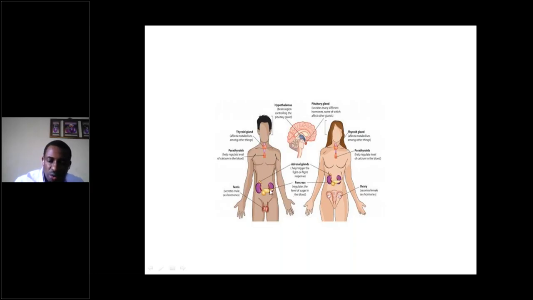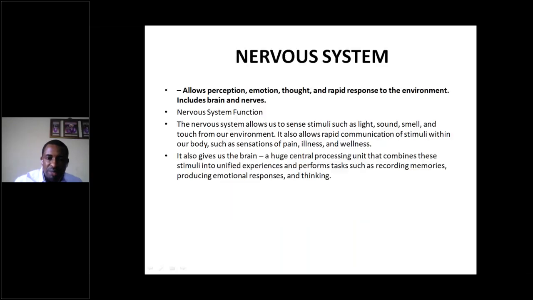This one is very important. It produces the hormone insulin and co. for sugar regulation. Then you have the testes. The testes secrete the male sexual hormones, whereas the ovary secretes the female sexual hormones. Okay, so this is just a brief of the endocrine system in the body. So let's look at the nervous system.